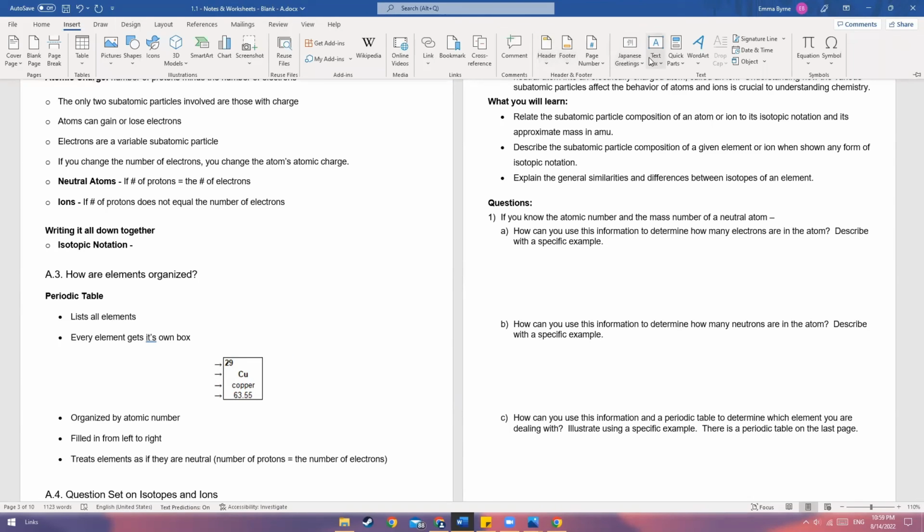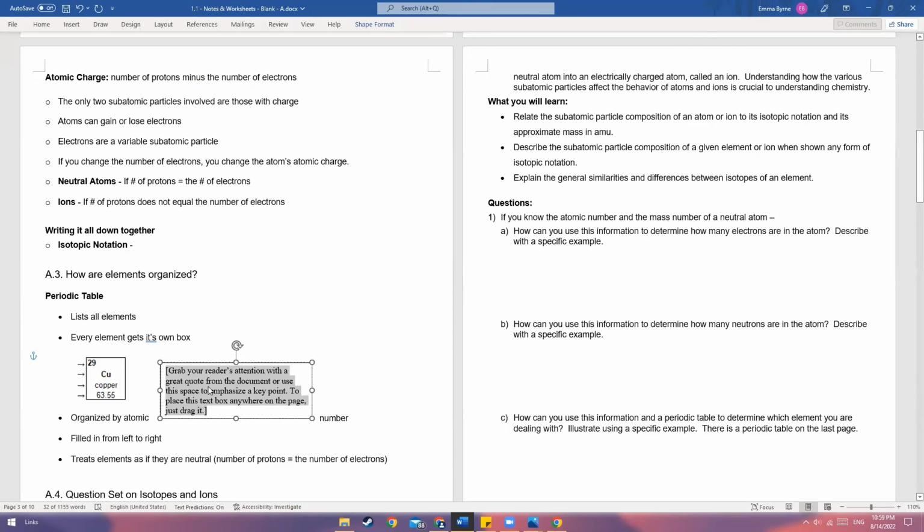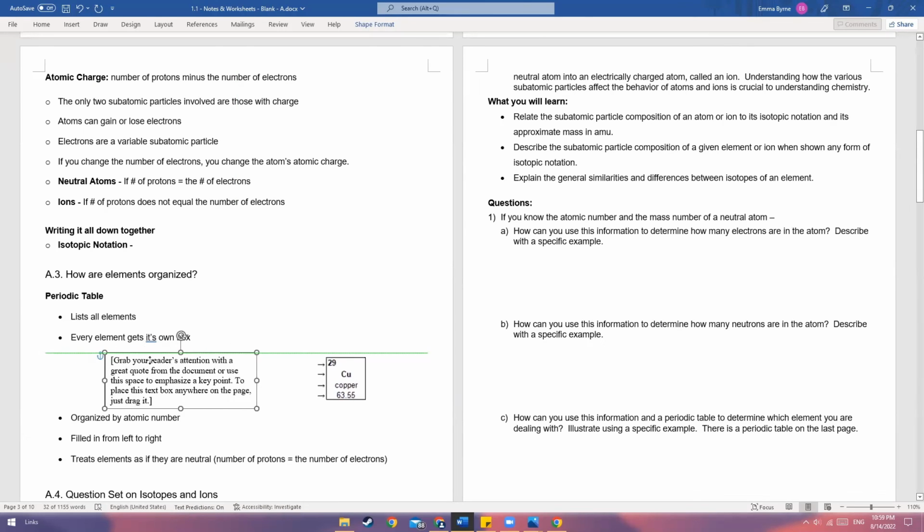And here I need to probably insert a text box. What I'm trying to do is number each of these arrows and the aspect of the labeling that it's responsible for. The first one is the atomic number.